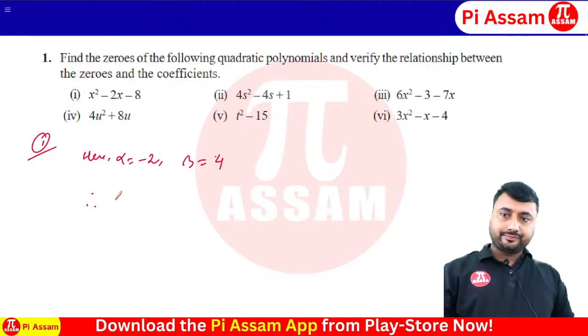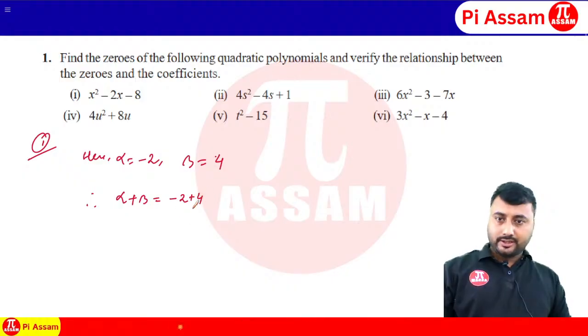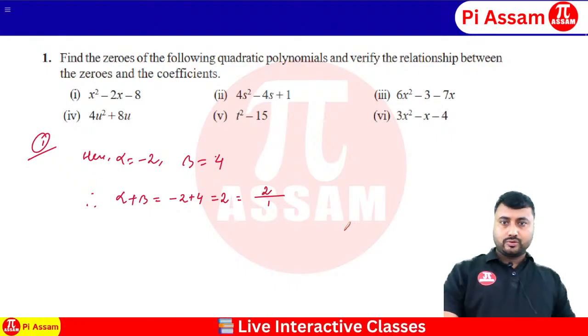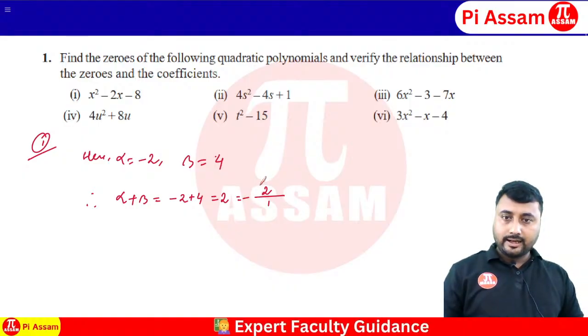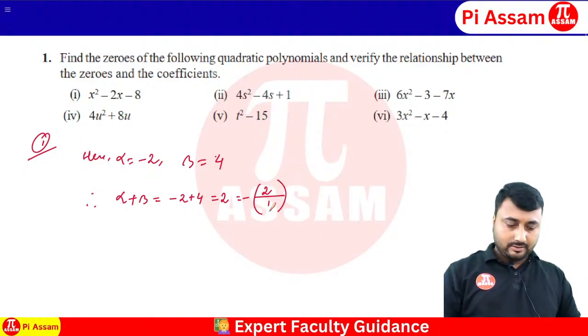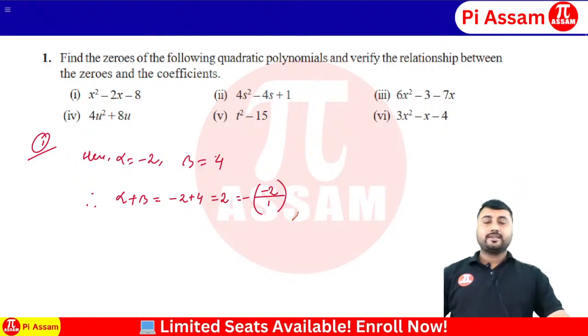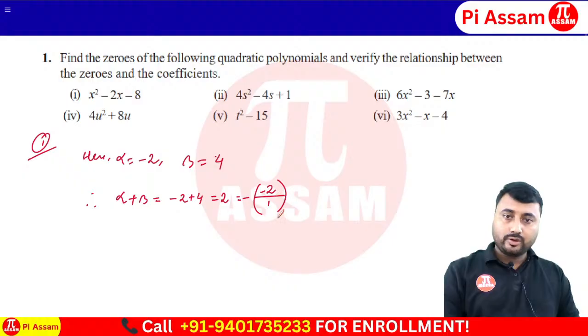Therefore alpha plus beta is equal to minus 2 plus 4, which is equal to 2. We can write here 2 by 1, which is minus of minus 2 by 1, so minus and minus will be plus.